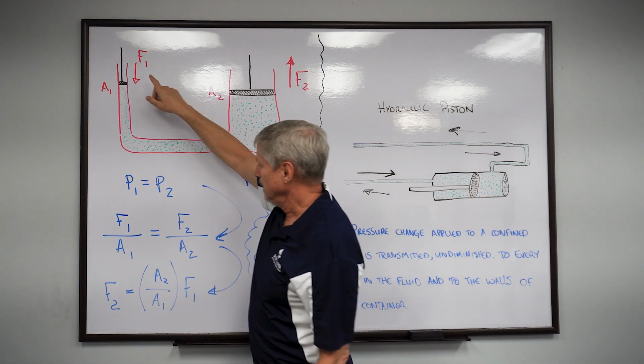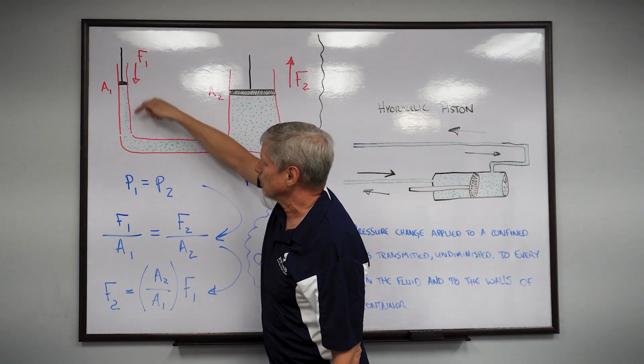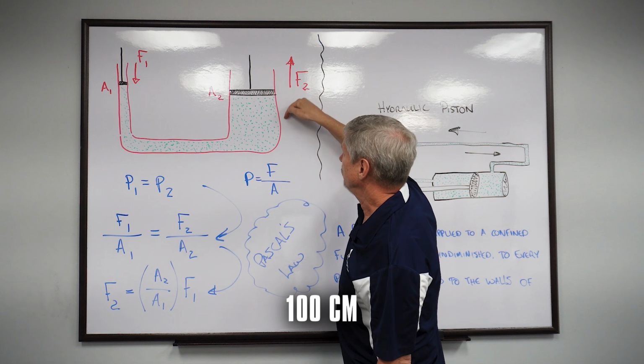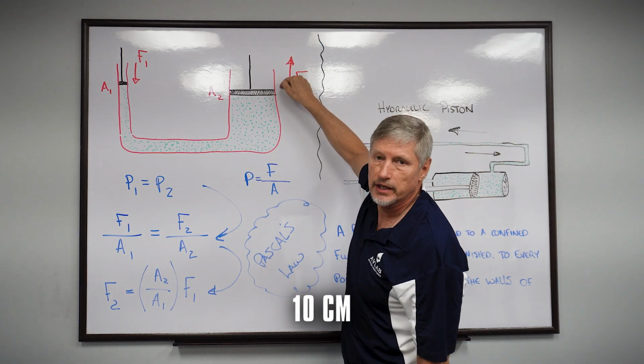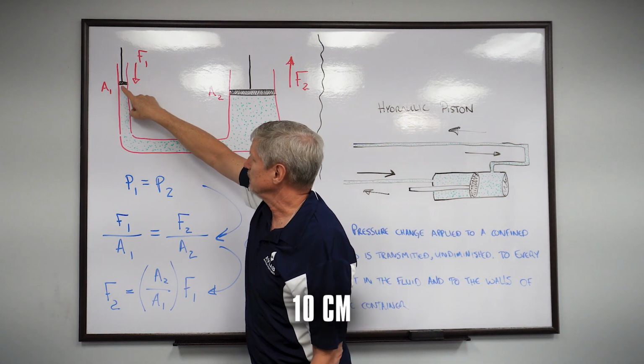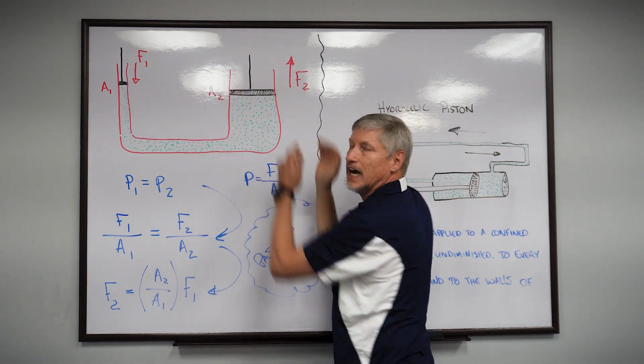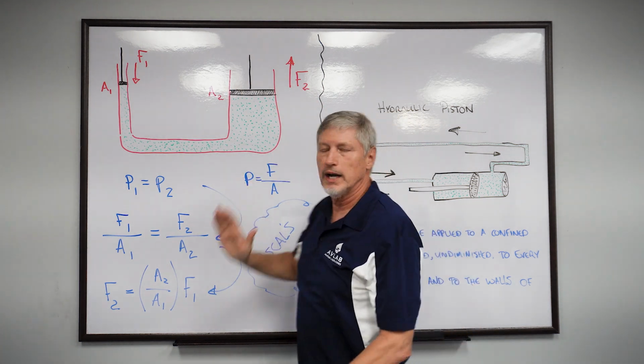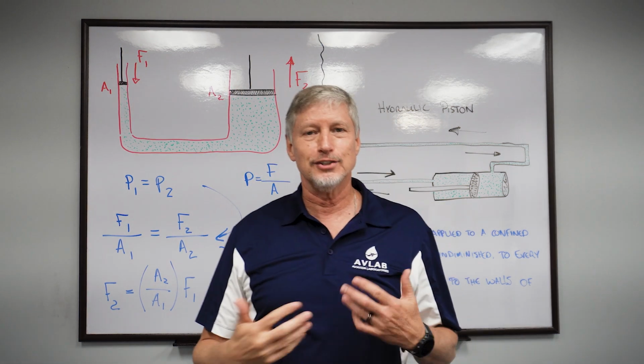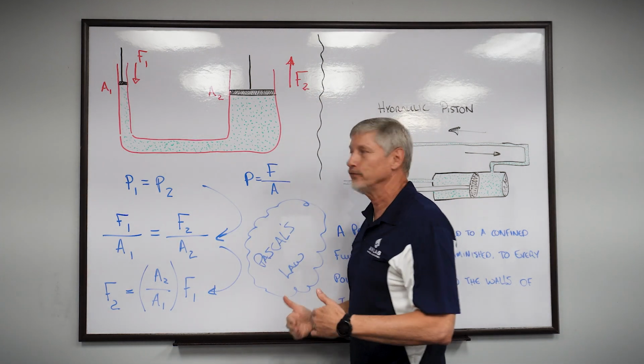So for example, if the downward distance here were 100 centimeters, the upward distance here might only be 10 centimeters because the surface area is very small here, but the surface area is like 10 times that on this side. So we're not really gaining anything. It's not some magic trick to gain power or force.